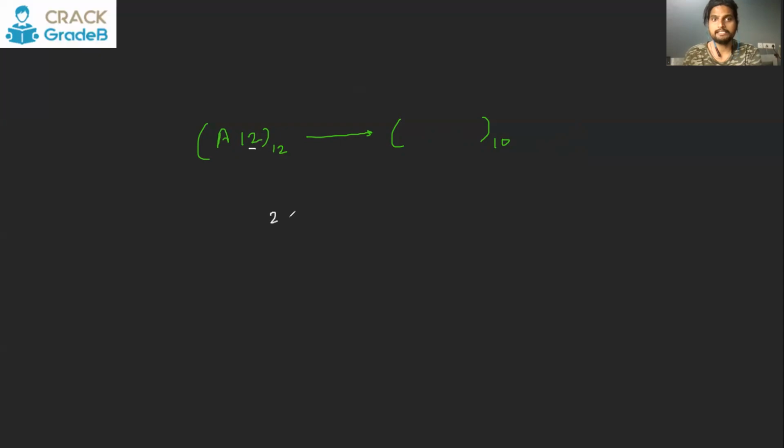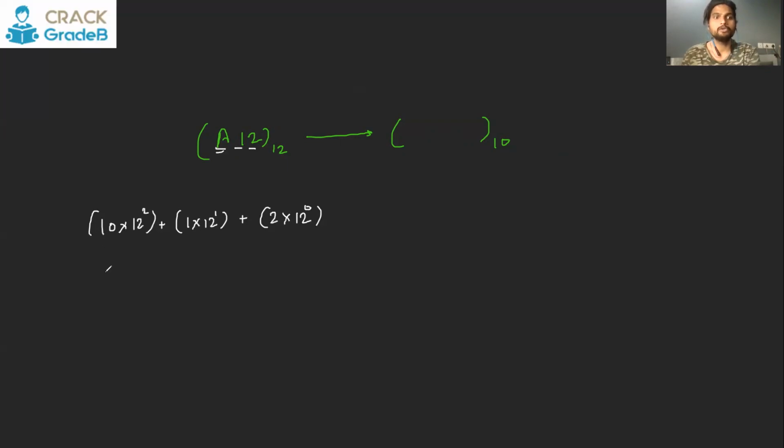You have to take the last digit and start multiplying with the increasing powers of 12. So take this 2, multiply it with 12 raised to power 0. Take this one, multiply it with 12 raised to power 1. And A means what? A is like 10. Take the 10 and multiply it with 12 raised to the power 2 and just add this one.